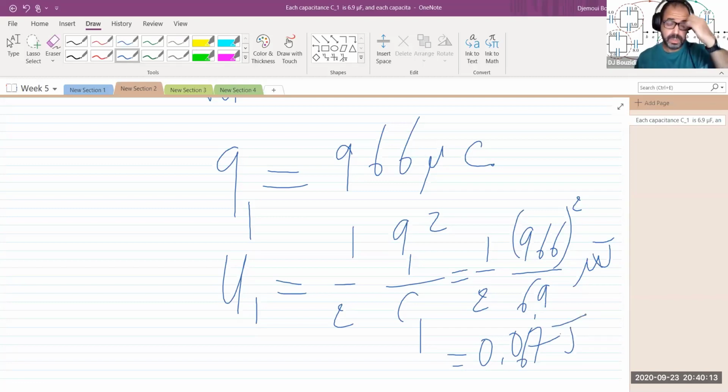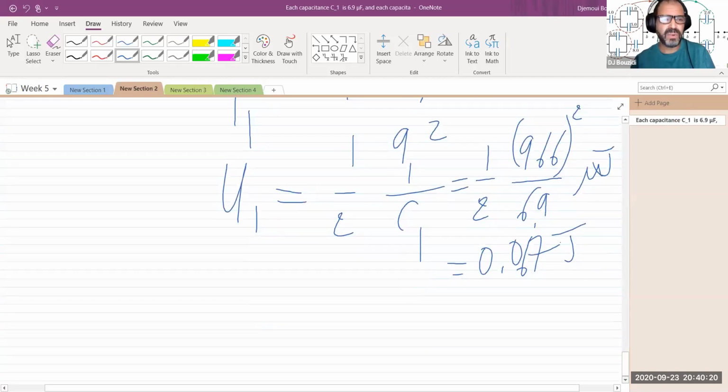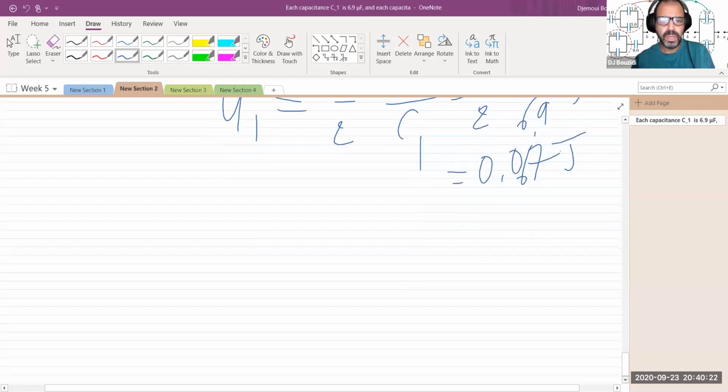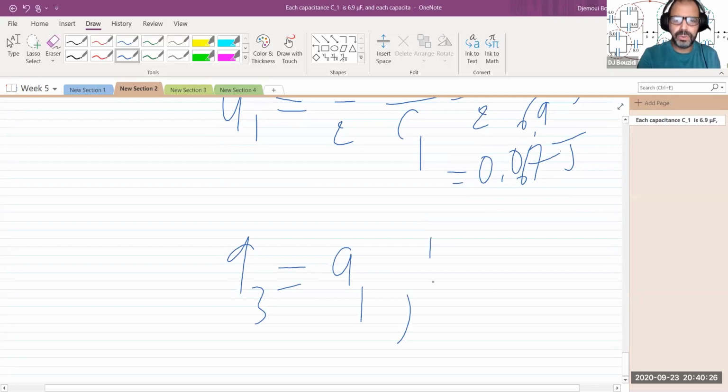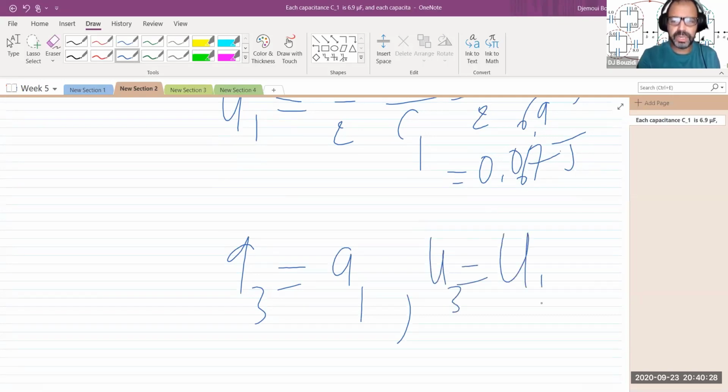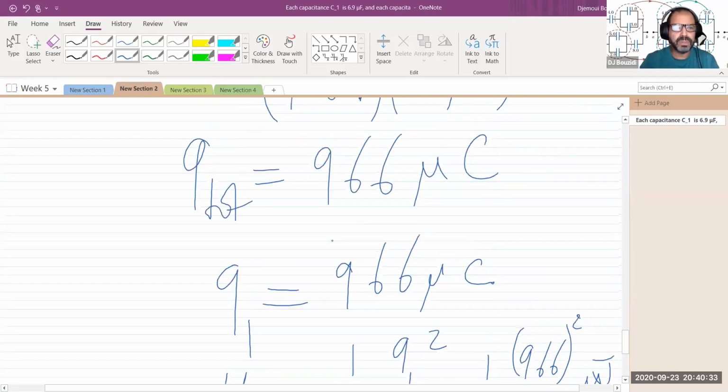I multiplied it already by a millionth. So that answers that. And that should be the same answer for Q3. Q3 is the same charge as Q1, and U3 is the same energy as U1, because they have the same capacitance.